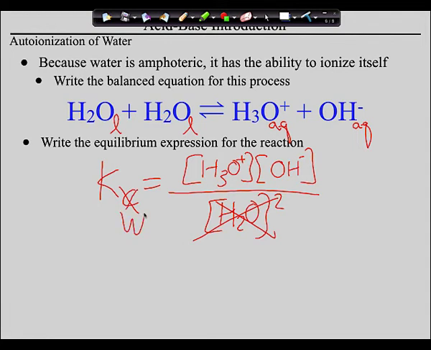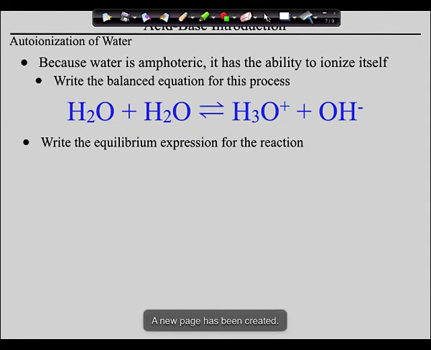Find it on your equation sheet. You see it? There it is. Kw is equal to hydrogen ion concentration times hydroxide ion concentration. And then you'll notice they give you the value for Kw, which is 1 times 10 to the negative 14th.